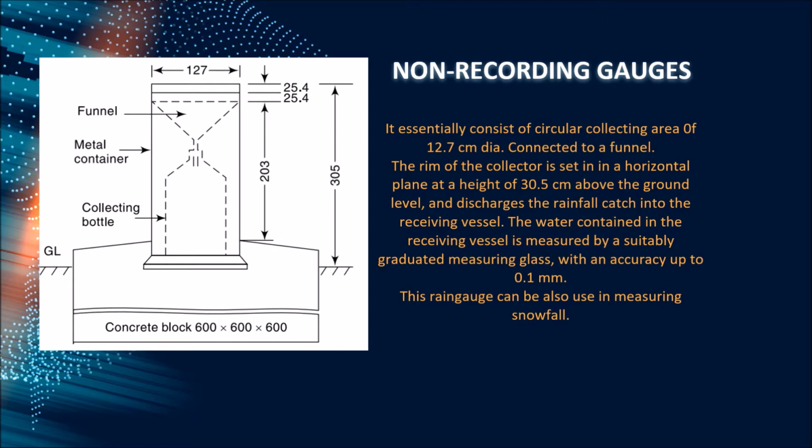The funnel discharges the rainfall catch into a receiving vessel. The funnel and the receiving vessel are housed in a metallic container. Water contained in the receiving vessel is measured by a suitably graduated measuring glass with an accuracy of 0.1 mm. This rain gauge can also be used in measuring snowfall.